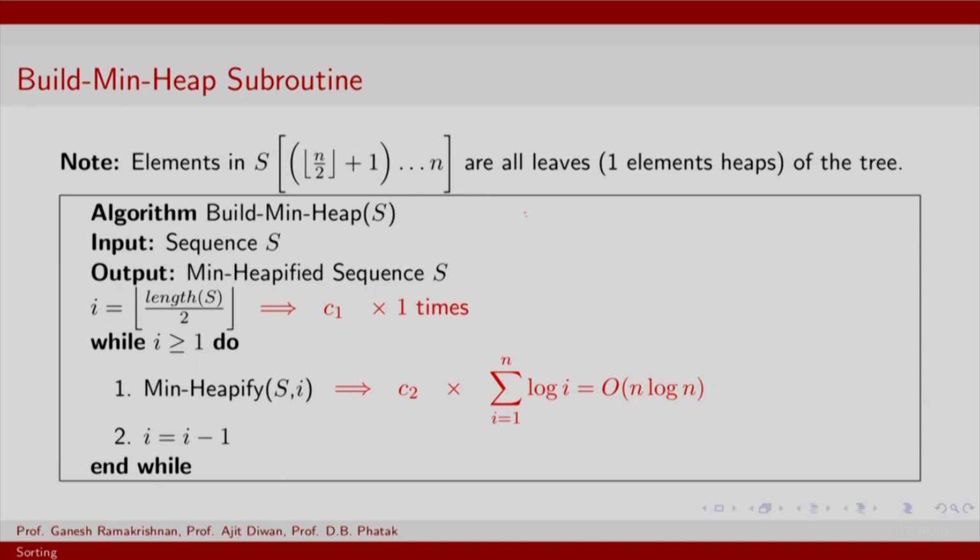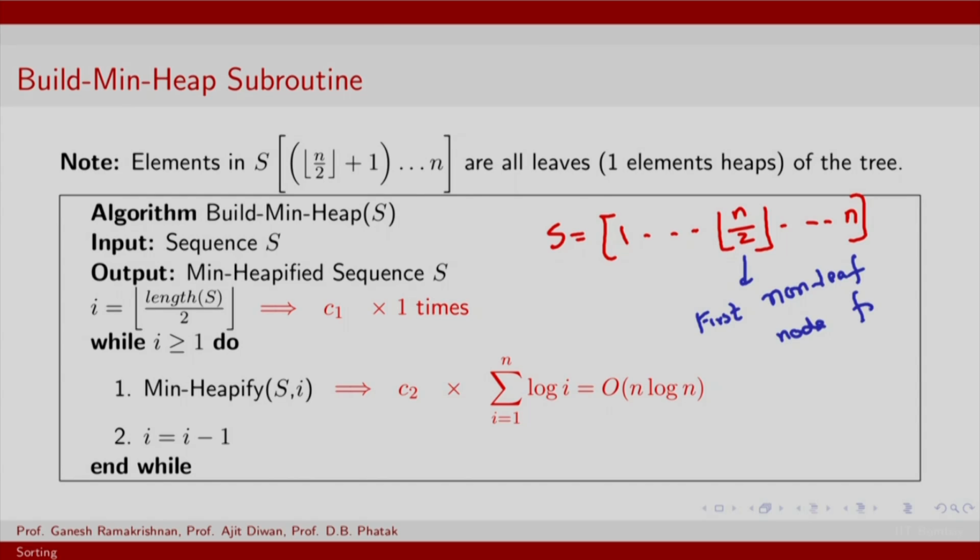So you begin with the first non-leaf node from the right hand side, so S is 1 to n by 2 to n. So we know that this is the first non-leaf node or internal node from the right hand side.